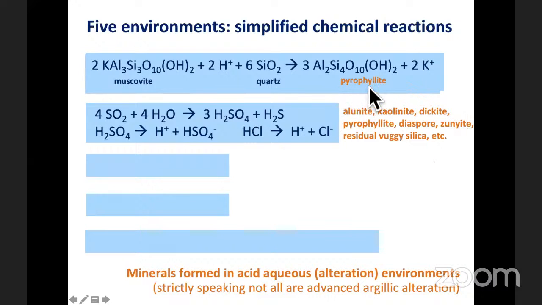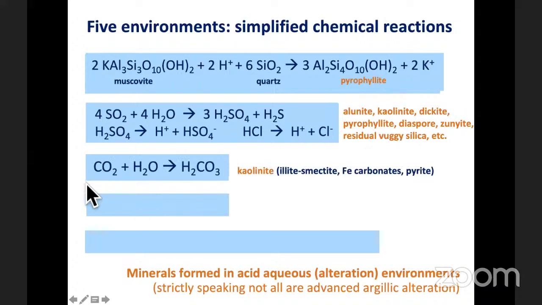Notice that there is pyrophyllite here and there is pyrophyllite here. Another one is kaolinite formed from carbonic acid, less acid conditions, and this is again CO2 absorbed into groundwaters below the water table. And here we have kaolinite here and kaolinite here.